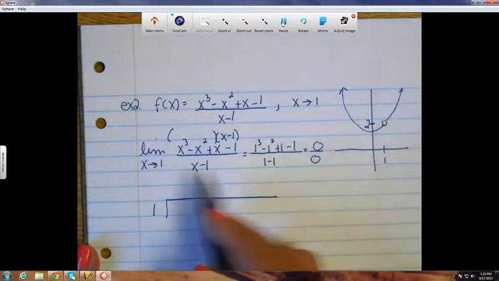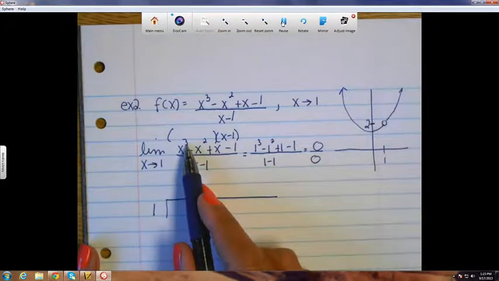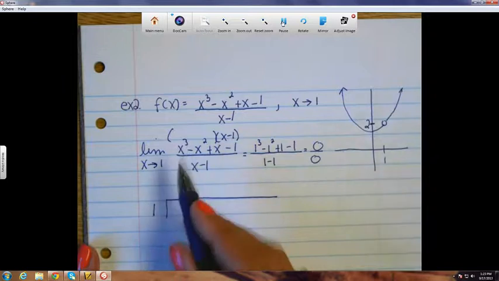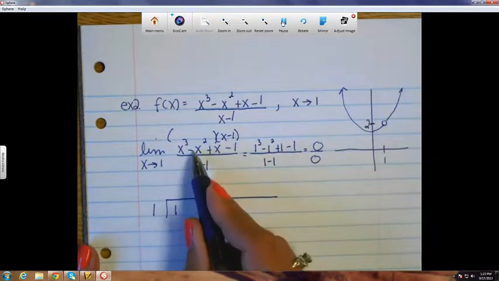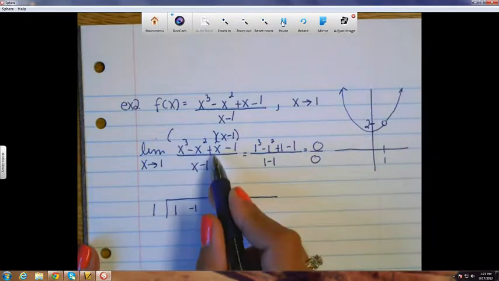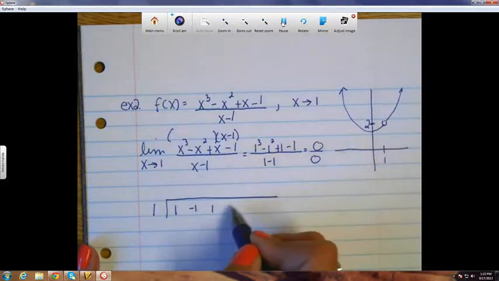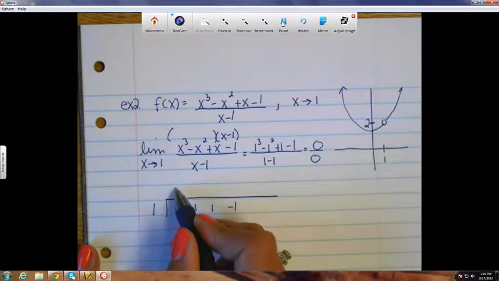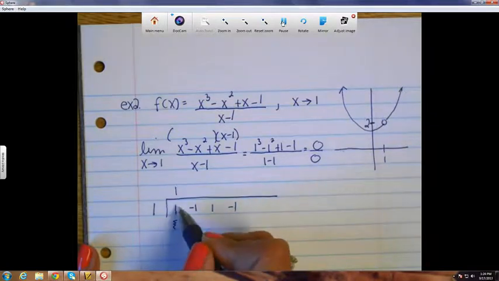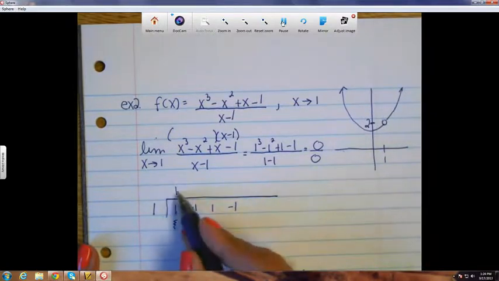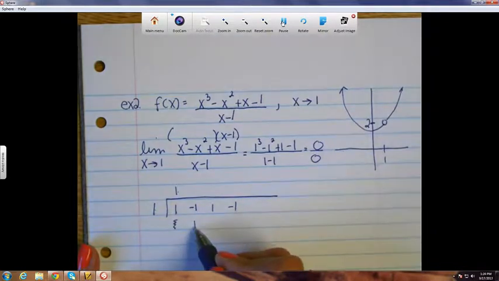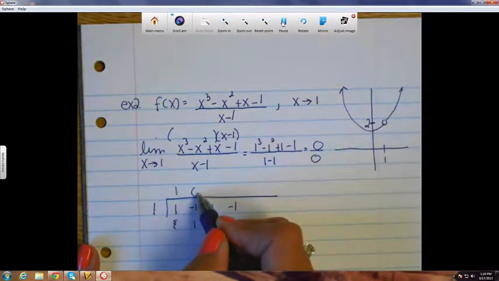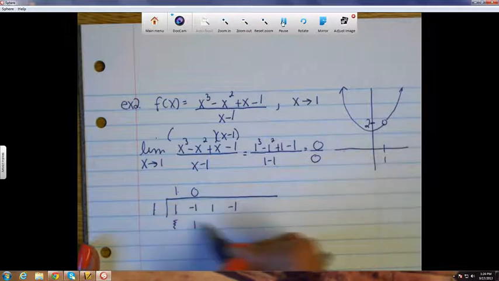Then you need all of the coefficients, starting with the highest one and down. So that's positive 1. Next one's negative 1. Positive 1. Negative 1. Okay. Raise the first one. Nothing goes below it. Multiply, add, multiply, add. So multiplying 1 times 1 is 1. Adding, 0. Multiplying, I get a 0.